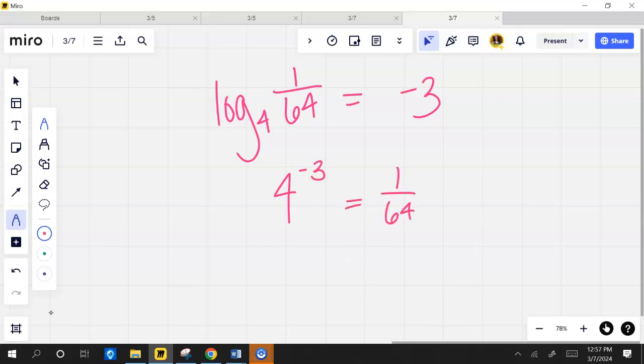Does that make sense? If you raise 4 to the -3rd, the negative exponent flips it over. That's 1 over 4 to the 3rd. 4 times 4 times 4 is 64. Thank you.